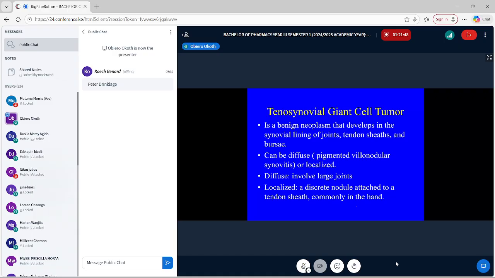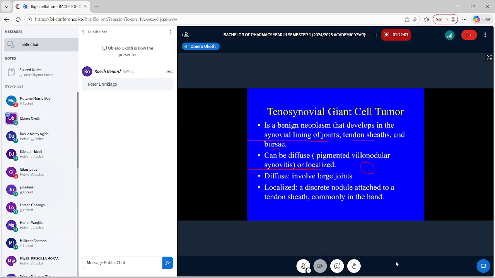The only other tumor that I know that can occur in the joint is called tenosynovial giant cell tumor. It's a benign neoplasm that develops from the synovial lining of the joints, also tendon sheaths and the bursae. It can be diffuse, meaning it's affecting the whole joint, or it can be localized, meaning it's well demarcated.